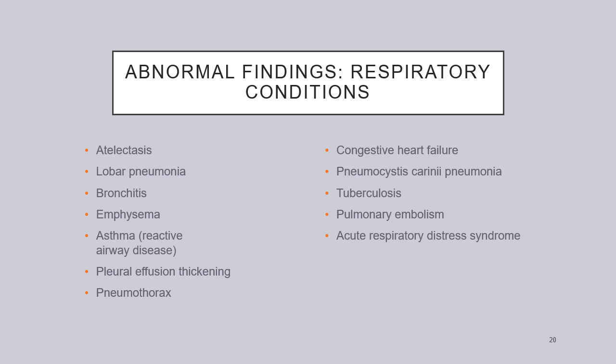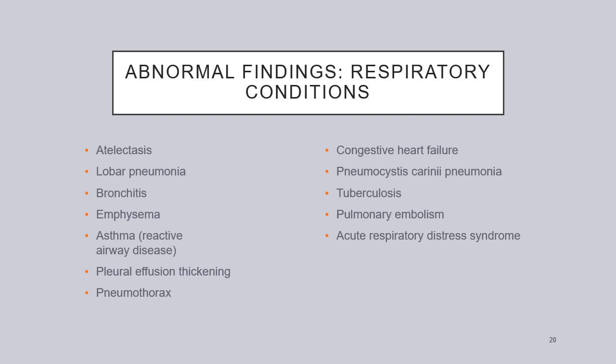Acute respiratory distress syndrome is where you basically have a massive flooding of the respiratory system with fluid from the pleural space, and this occurs usually after some sort of massive systemic insult like sepsis, SIRS, drug overdose, trauma, aspiration of really caustic liquids.